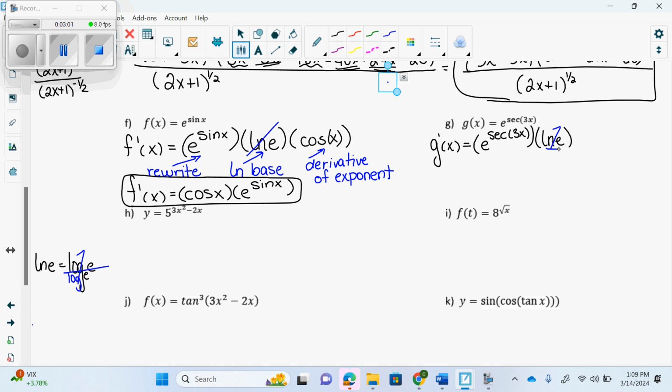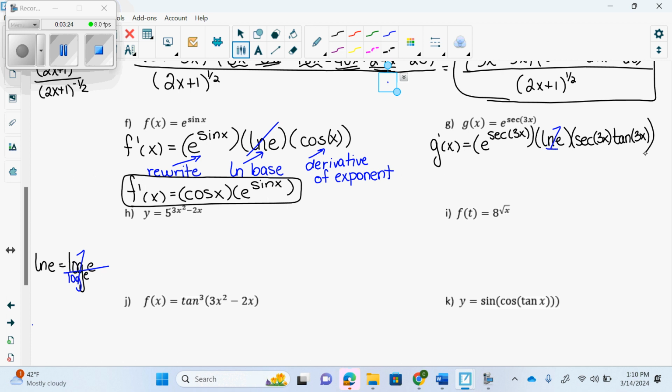And then the derivative of the exponent. What's the derivative of secant? Secant x tan x. The x happens to be 3x, so we have to write it out that way. So we get a chain behind it of secant 3x, tan 3x.